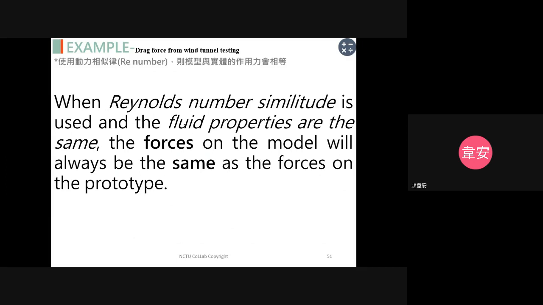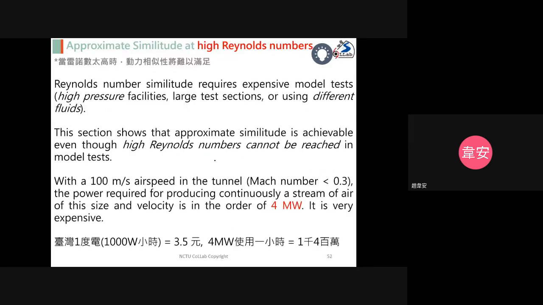For the fluid properties to be the same, we usually assume the pressure and temperature in the model and the prototype are the same. In that way, the force on the model will always be the same as the force on the prototype.